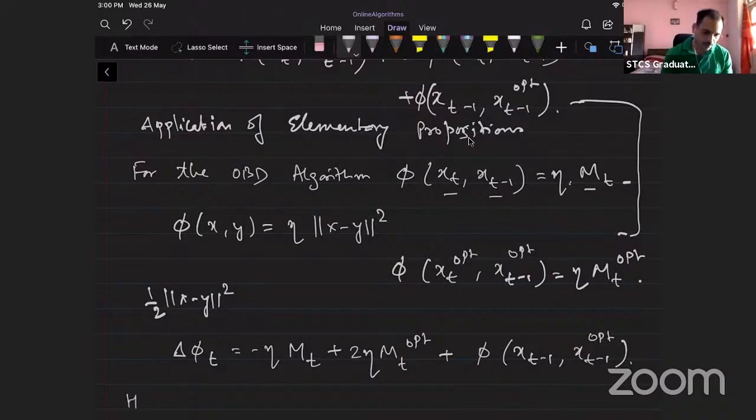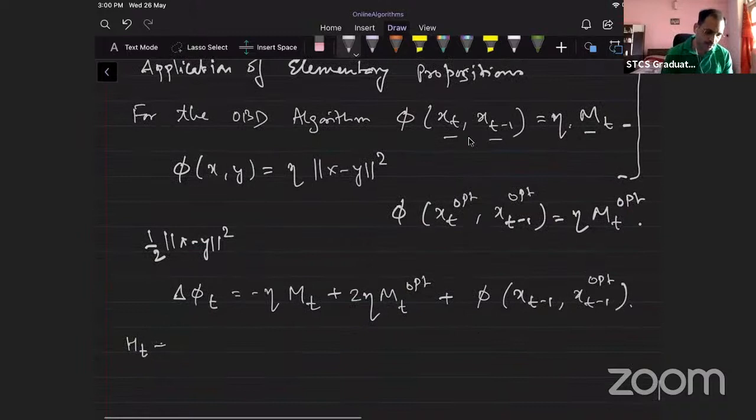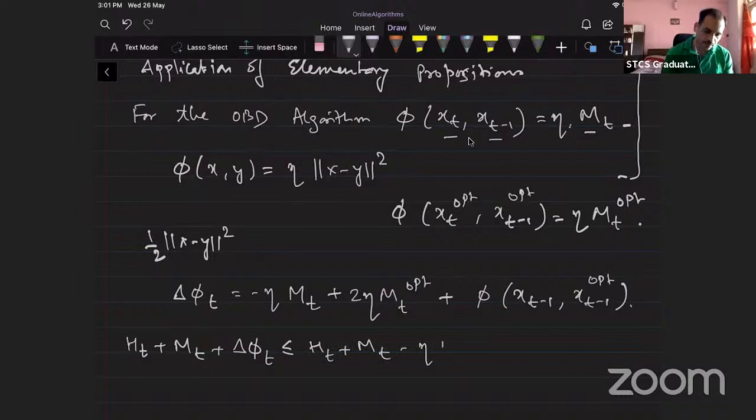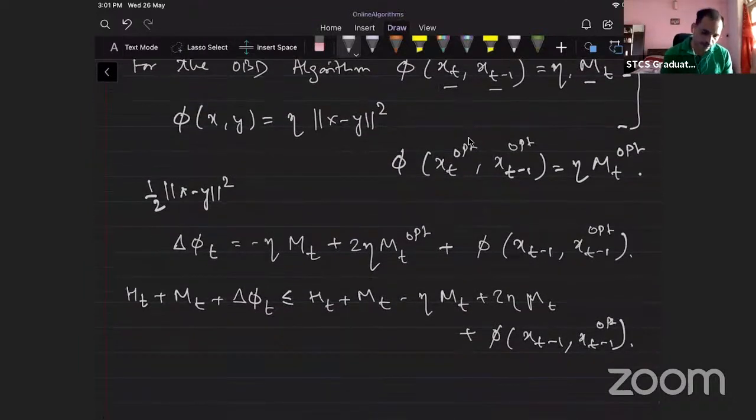So now let's try to do something very similar to before: HT plus MT plus del phi of t is at most HT plus MT minus eta MT plus 2 eta MT opt plus phi of XT minus 1 comma XT minus 1. Okay, so now what was our relationship between HT and MT?